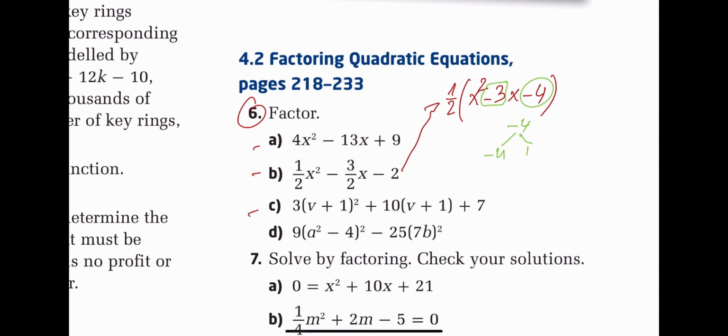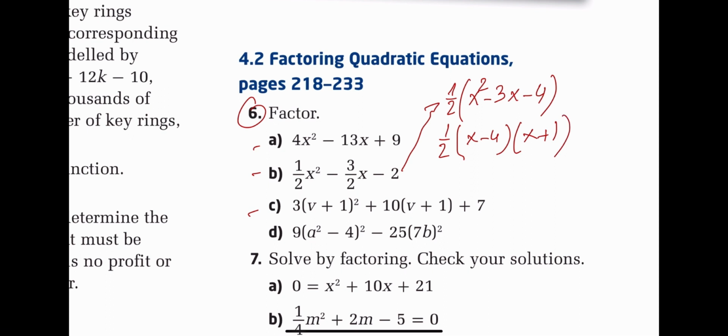So I got the factorizing numbers. I can write my equation still with my half there, and because the factorizing numbers are minus 4 and plus 1, I can write it as x minus 4 times x plus 1.